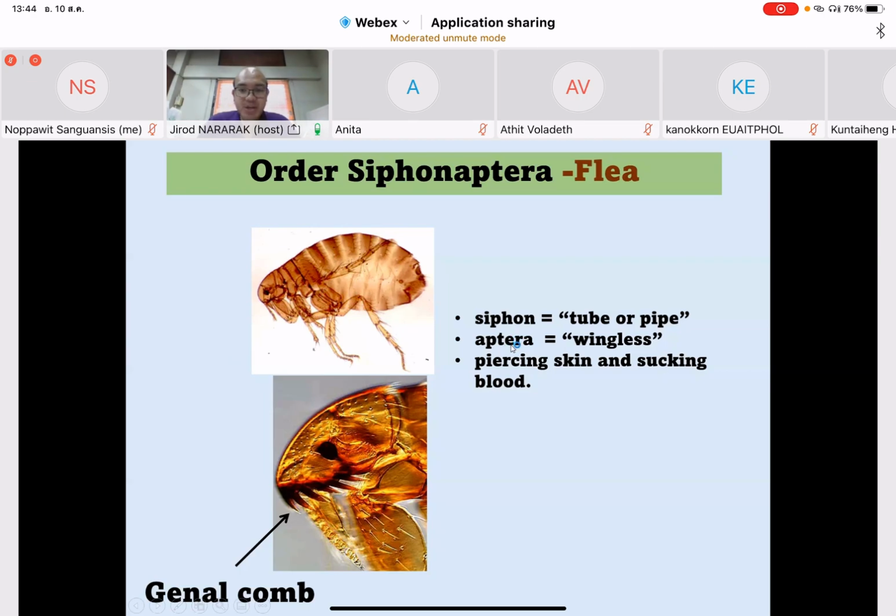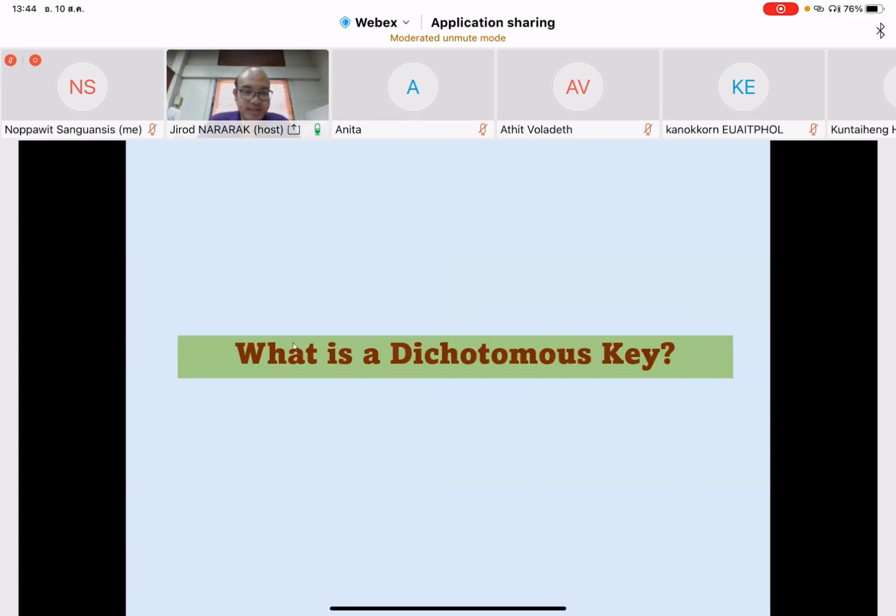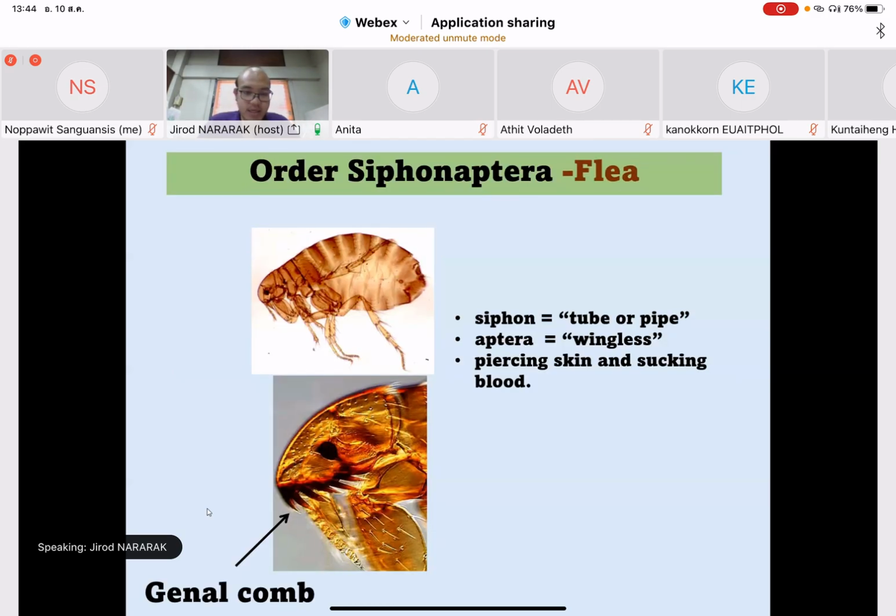Aptera means wingless, so this insect has no wing, or the wings are reduced. Another characteristic is that they have a comb, the genus comb, which is used to identify this order into the family. They are also parasites of living things.